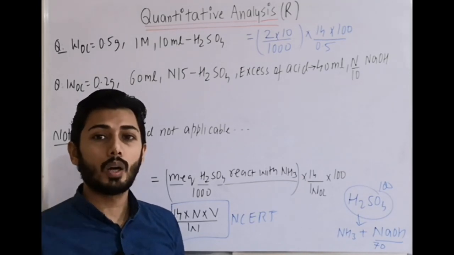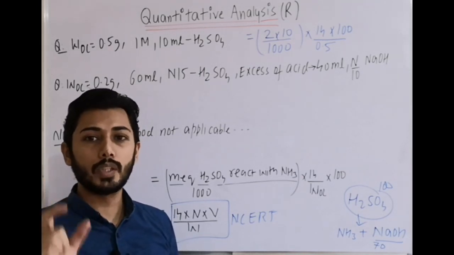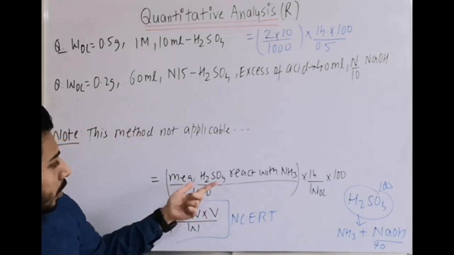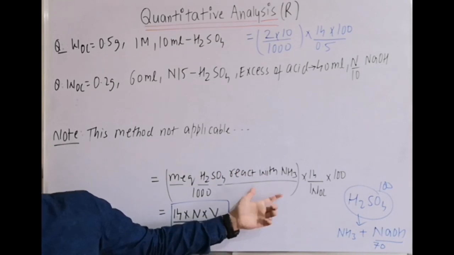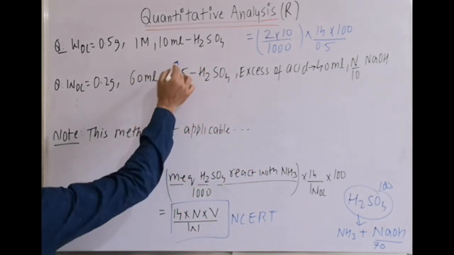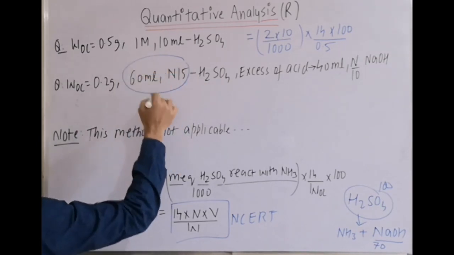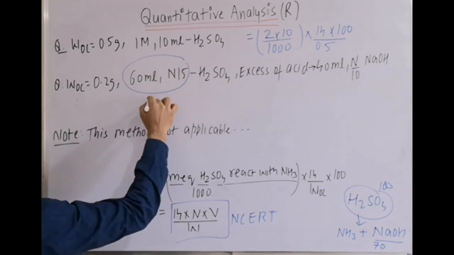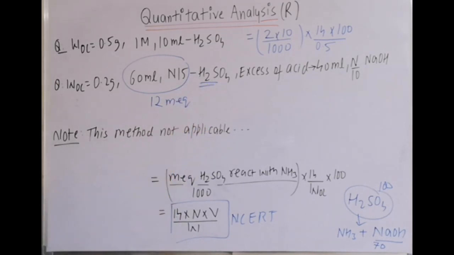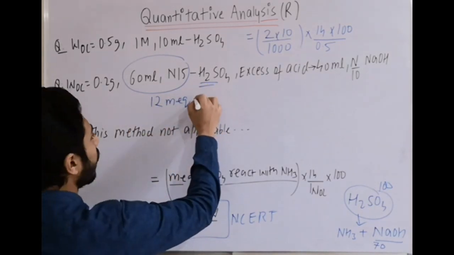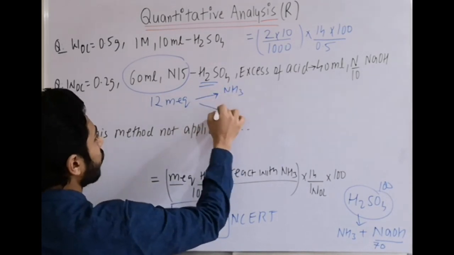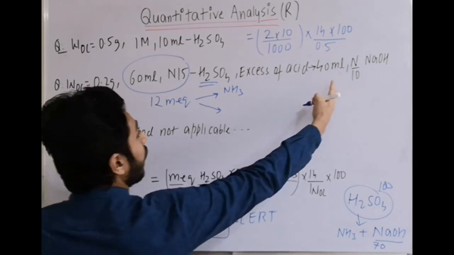The number of milliequivalents of ammonia reacted with H2SO4, or we can say milliequivalents of H2SO4 reacted with ammonia. So here total equivalents of H2SO4 will be 1 by 5 into 60, that means 12 milliequivalents total of H2SO4, right? These total are used for ammonia, and the excess is used for NaOH.